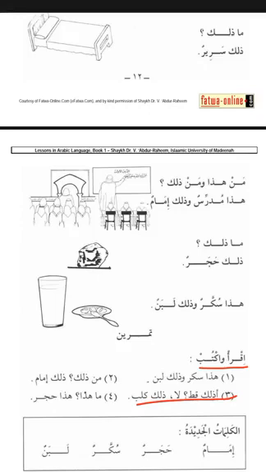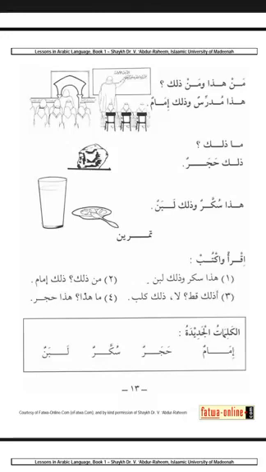No. ذلك كلب. That is a dog. ما هذا? What is this? هذا حجر. This is a stone.